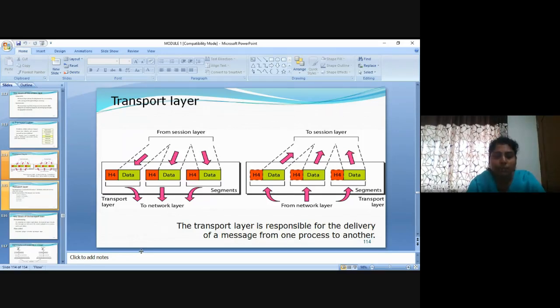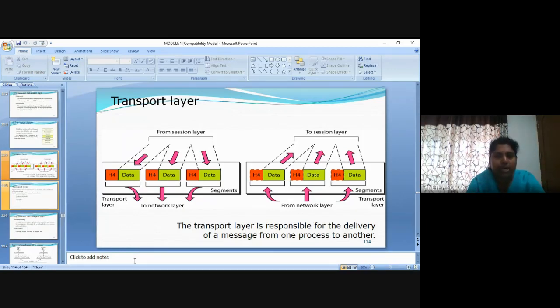So the transport layer makes use of a mechanism called the ARQ mechanism, that is automatic repeat request, to retransmit the data. Okay, so these are the main important functions of the transport layer.